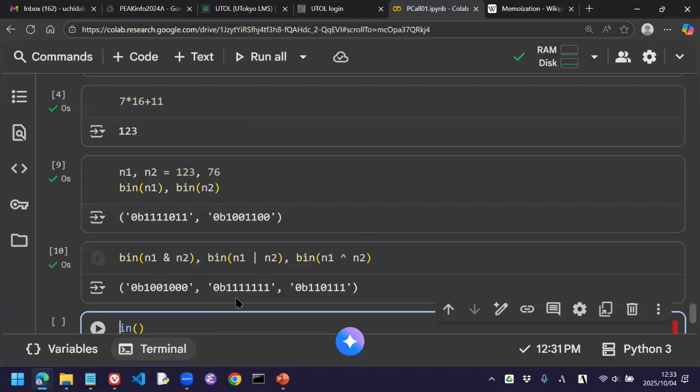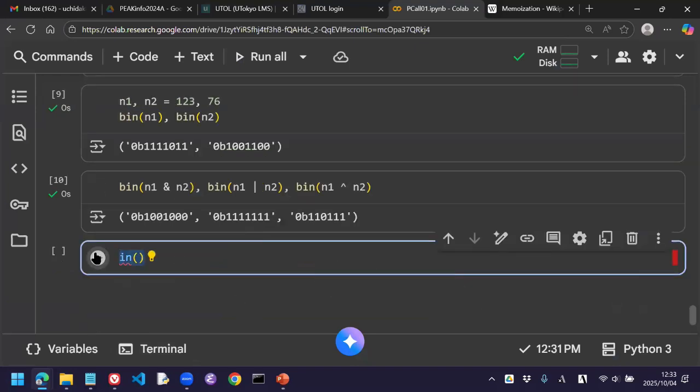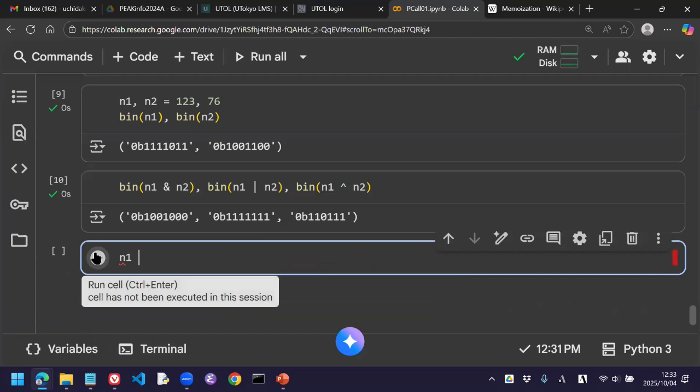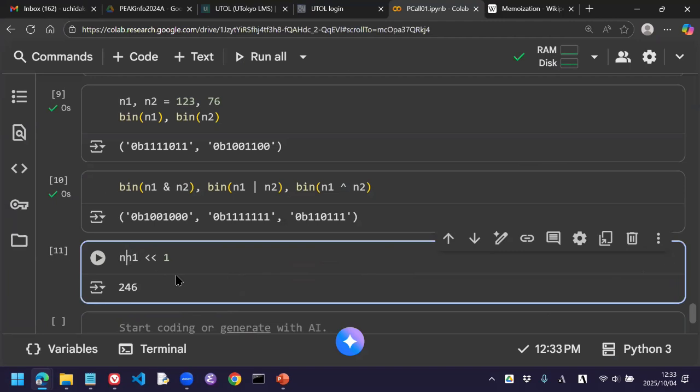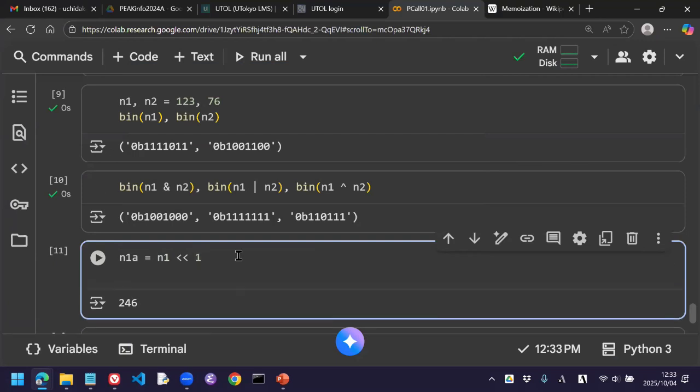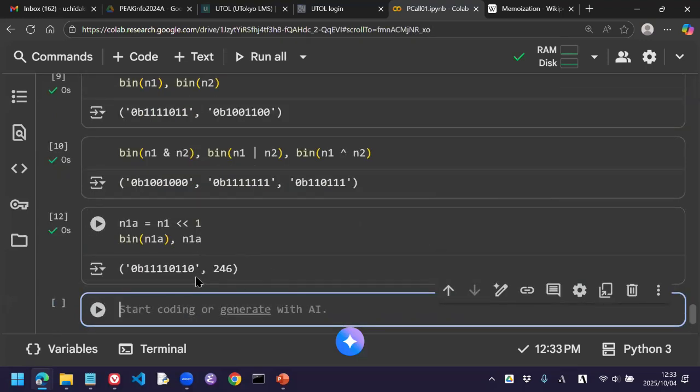For example, n1a equals n1 shifted by 1, which means this is a 1-bit shifted version of n1, and which means this is twice the number of n1, as you can guess.